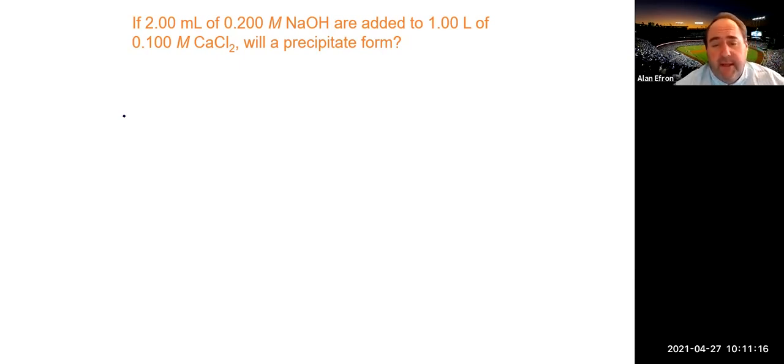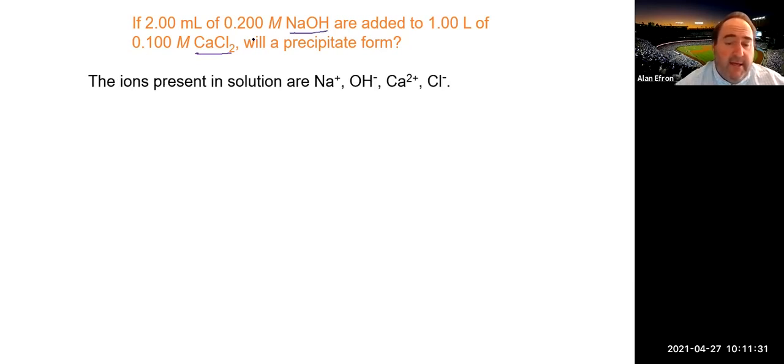That requires you to think about the two things that you're mixing. In this case, we're taking calcium chloride, which is a source of calcium ions and chloride ions, and sodium hydroxide, which is a source of sodium ions and hydroxide ions. Both are solutions, so your two options are that these are going to switch partners, which is a double displacement type reaction.